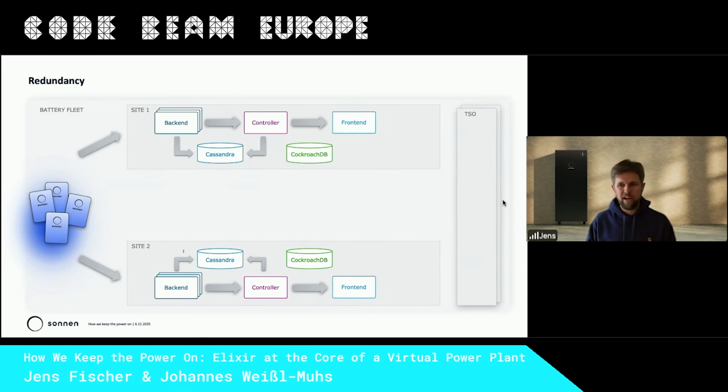They even prescribe a certain distance in kilometers that needs to be between these 2 data centers. And this is the reason the system runs in 2 different locations, in 2 different data centers.